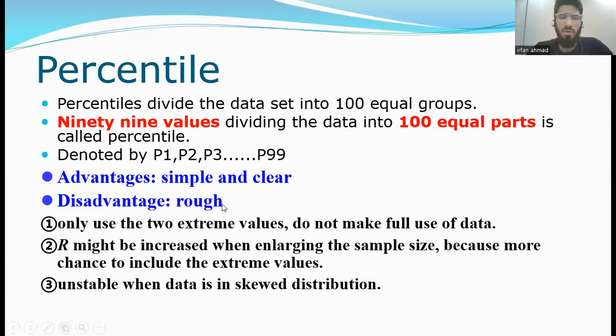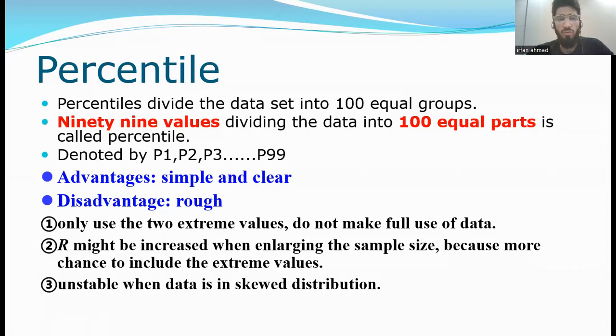But the disadvantage is that it is a very rough classification, so there might be a chance of error. It only uses the two extreme values and does not make full use of the data.